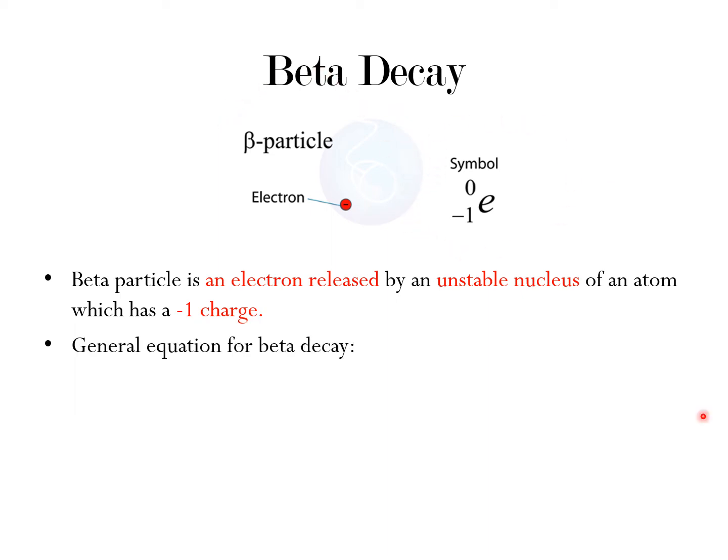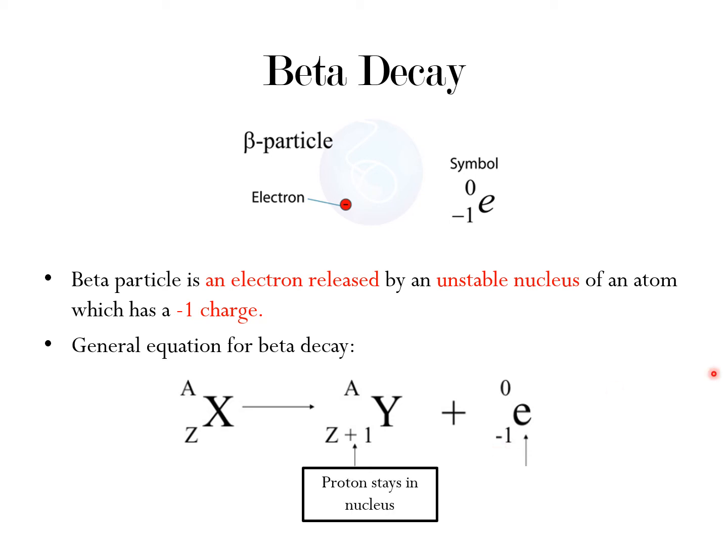The general equation for beta decay is, this is the parent nucleus, this is the daughter nucleus, and this is the symbol for the beta particle. In the daughter nucleus, the protons stay in here, while this one is the beta particle or the electron.